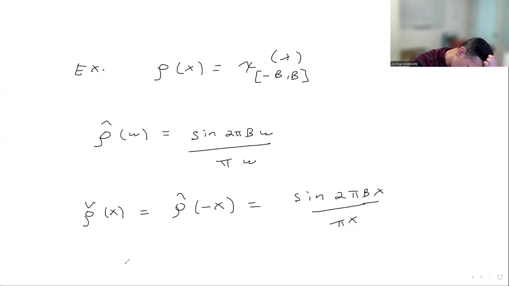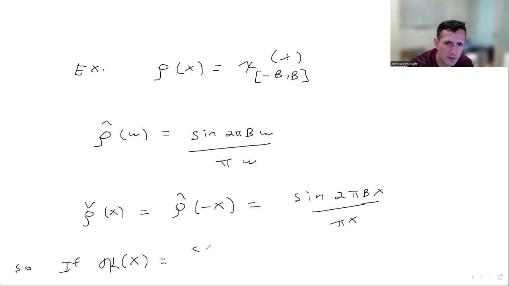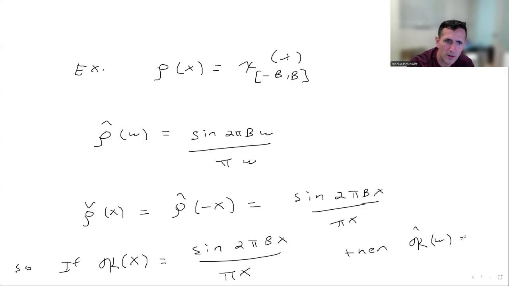Okay, so let's say script k is exactly this. Then the Fourier transform, just doing Fourier inversion, is going to be, at least almost everywhere, this here.